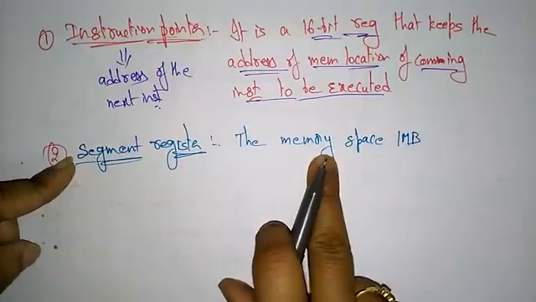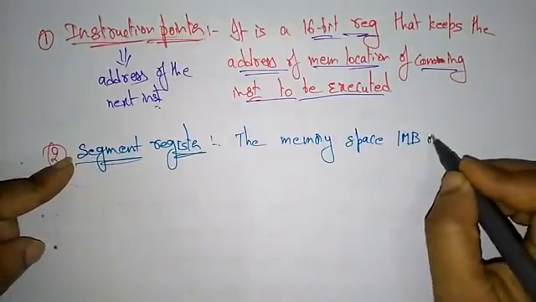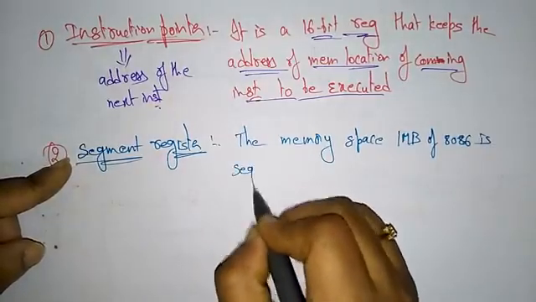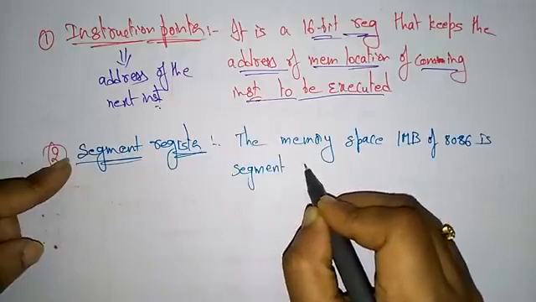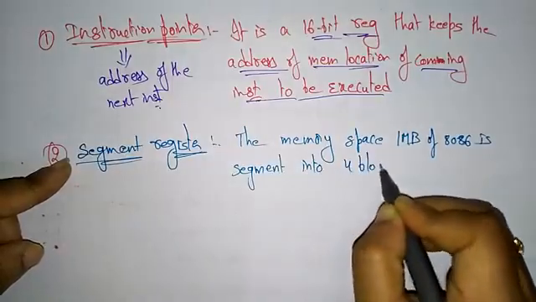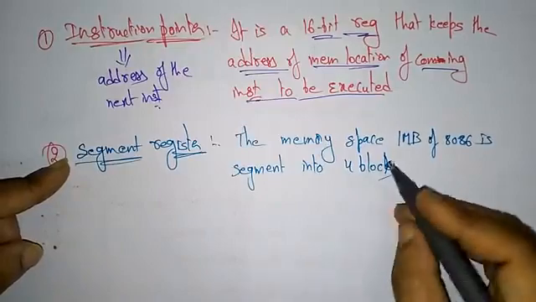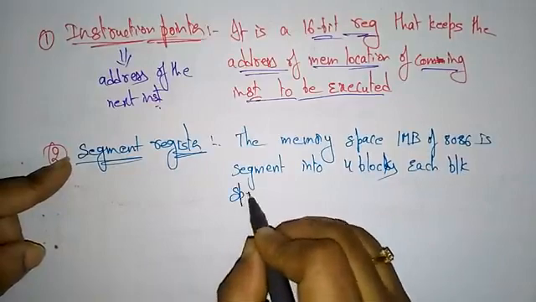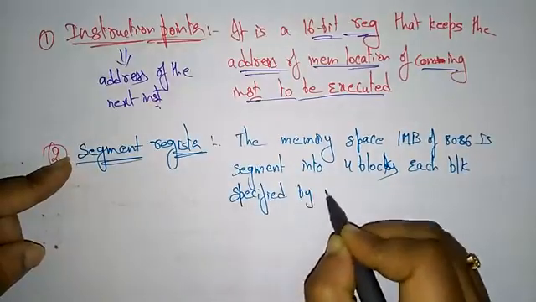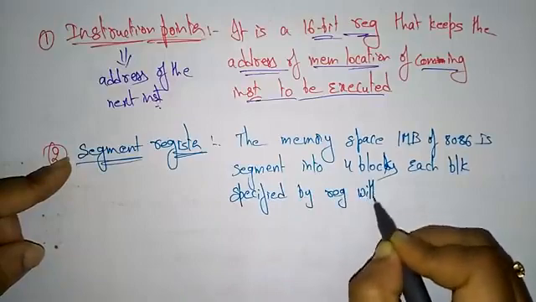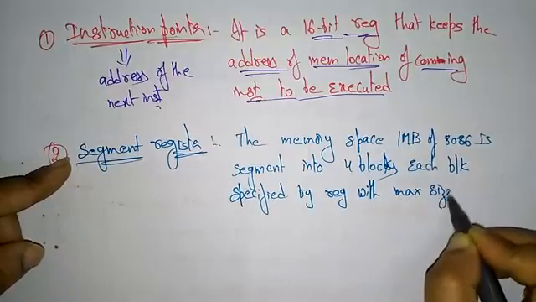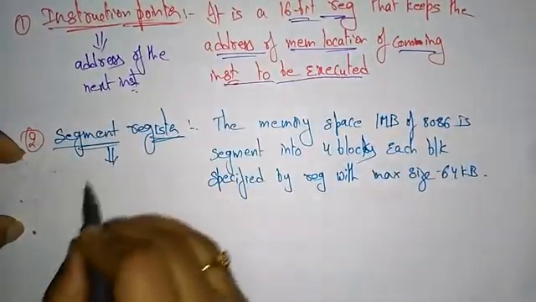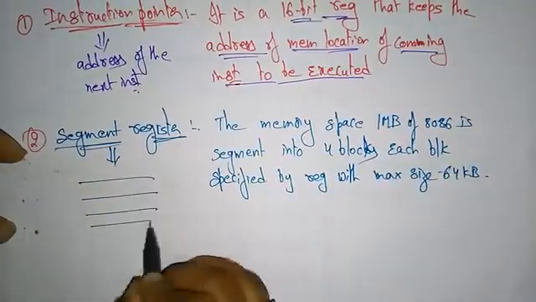So this 1 megabyte of memory of the 8086 is segmented, meaning divided, into 4 blocks, each block specified by a register with a maximum size of 64 kilobytes.